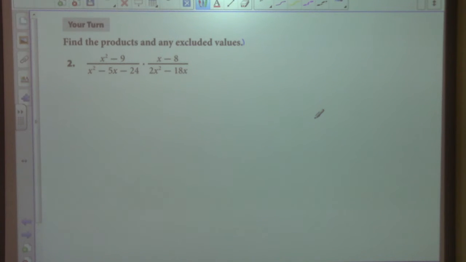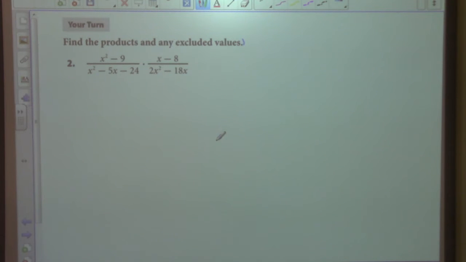I'm going to work this out with contributions, I hope, from all of you. Was that x squared at the beginning of it? Yeah, this is x squared right here. So this is x squared minus 9 over x squared minus 5x minus 24 times x minus 8 over 2x squared minus 18x.